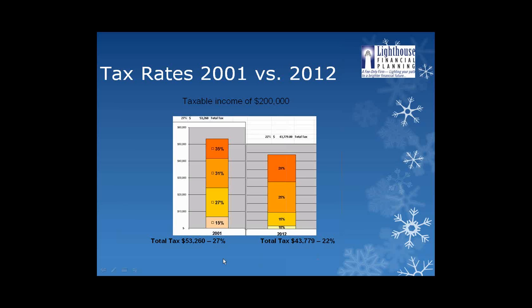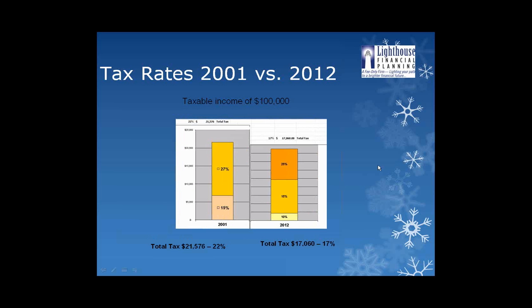In this year, they would pay nearly $44,000 in federal tax, and have an effective tax rate of about 22%. This time next year, if the tax tables reverted, this is what they'd be looking at: $53,000 and change, and an effective tax rate of 27%.